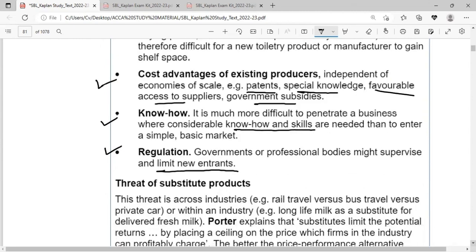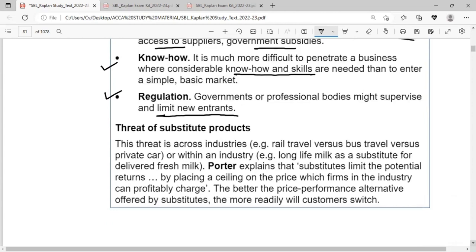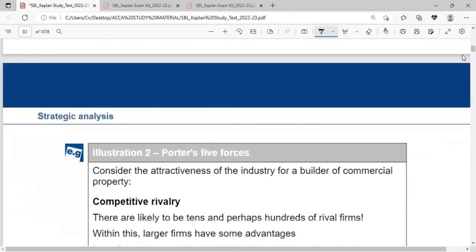And we know that existing sellers already have high know-how, and as well as high regulations of the government will also create barriers to the new entrants.